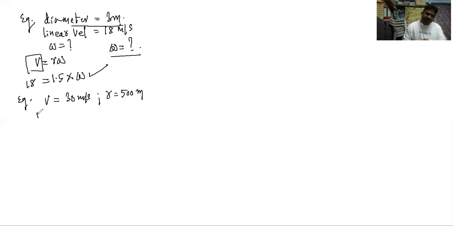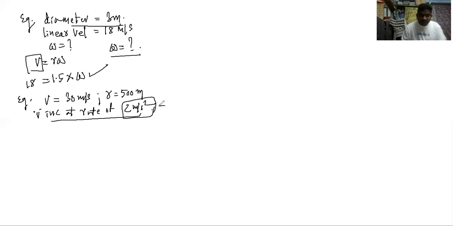If the speed is increasing at a rate of 2 meter per second square. See, the rate of increase in the speed is called acceleration. So this is the tangential acceleration they gave me.